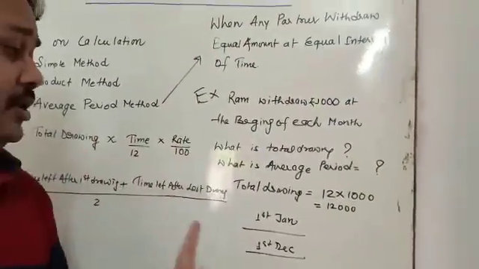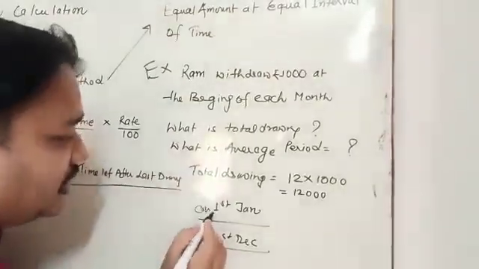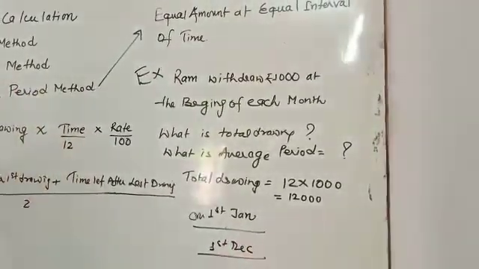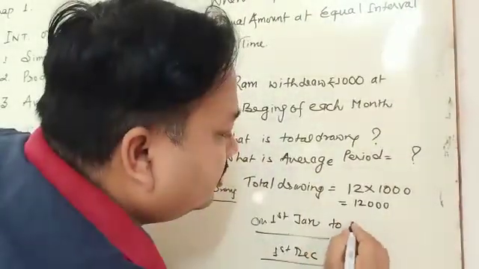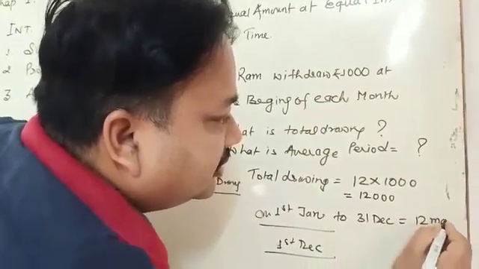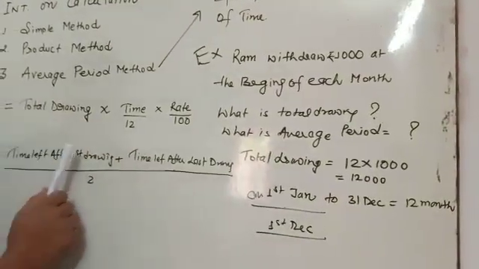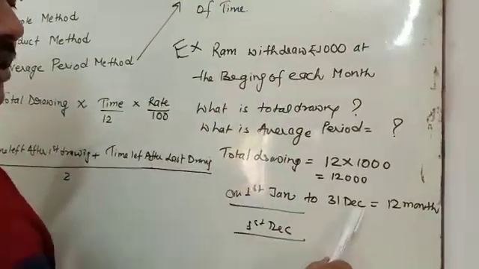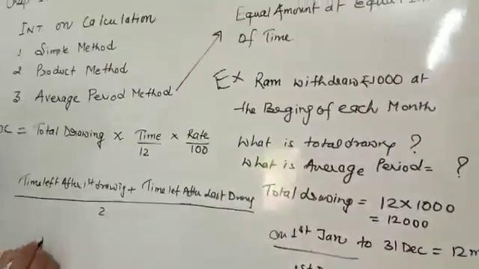It means Ram drew first drawing on 1st January. So what was the time left after 1st January to 31st December? How much time? 12 months. So you will put here 12.